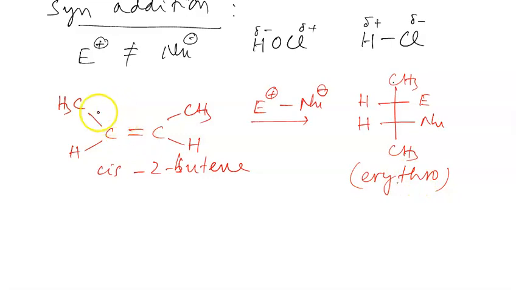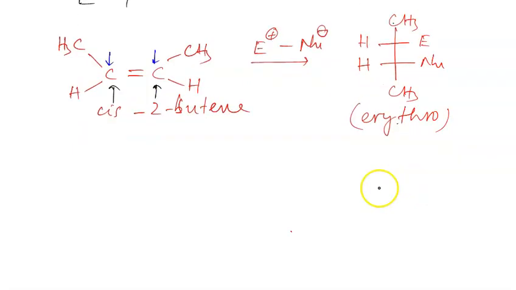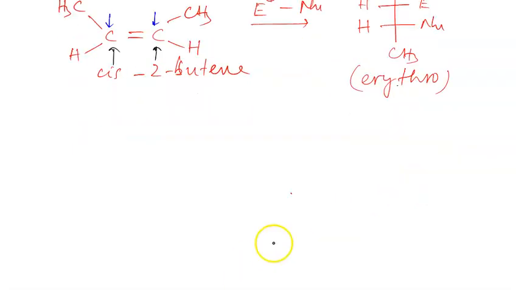So when there is syn addition from one side, from the same side, then we are getting the erythro compound.